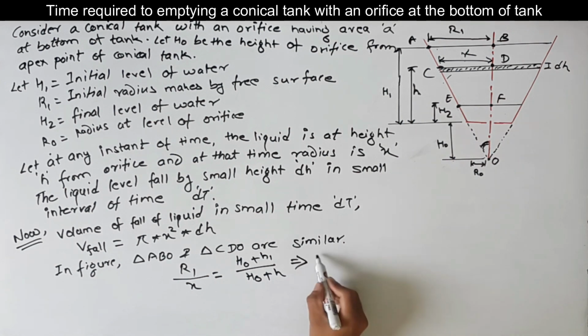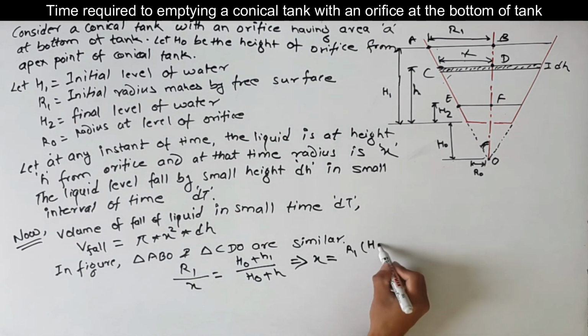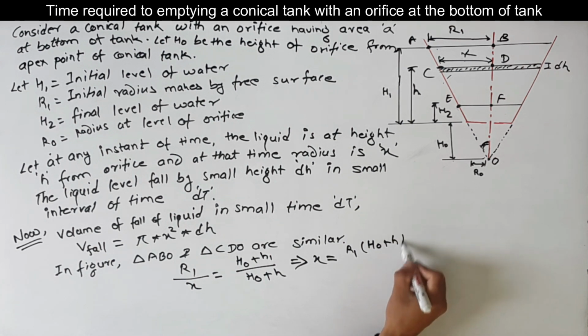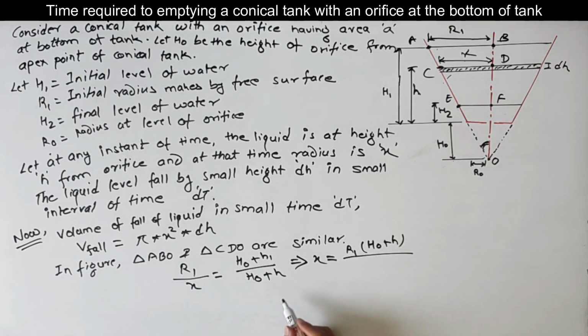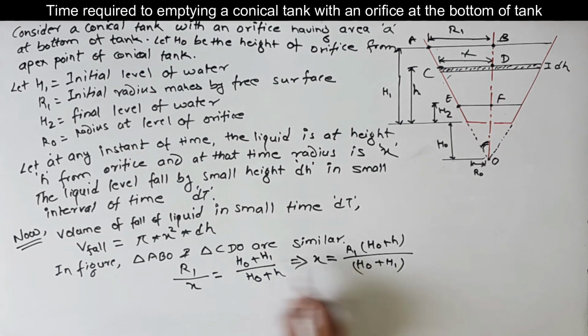From here we can find the value of x. This x is equal to R1 into (S0 plus h) upon (S0 plus S1). Or we can find x square and put the value here, or we can directly put the value.